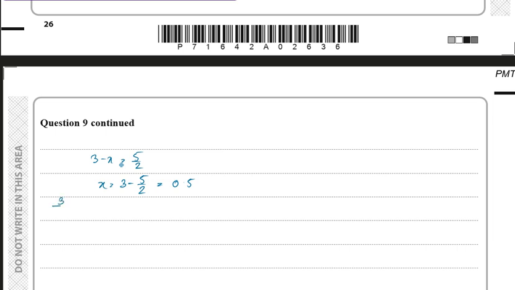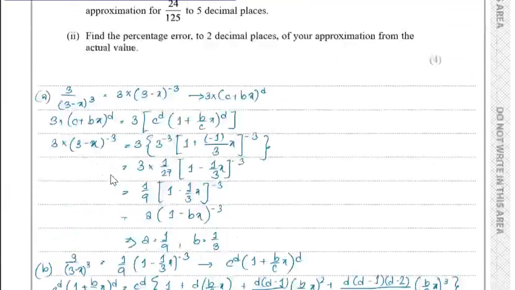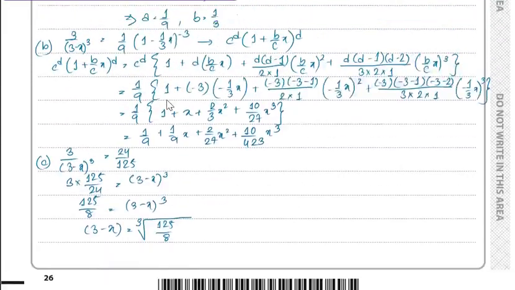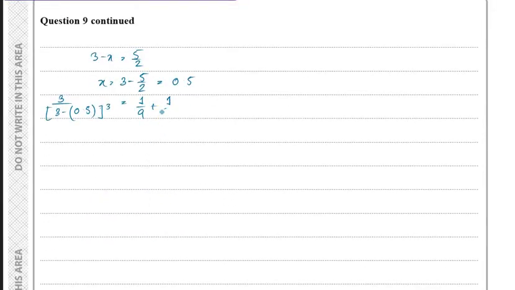Now if we put that value of x here, so 3 minus 0.5, that was x, yeah, 0.5, bracket cube, into the expansion we got, which was 1 by 9 plus 1 by 9.